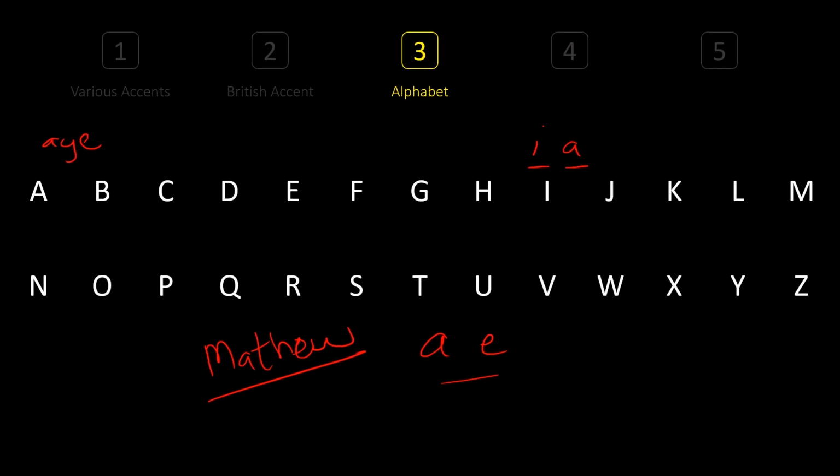So next time when they say M, A, T, H, E, W, that is Matthew. Yeah, please watch out for these two. These are the culprit for our mistakes. I have seen plenty of the people who are writing the test, they make mistake in this.